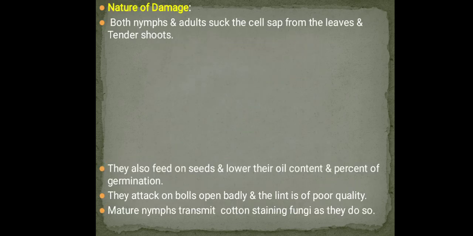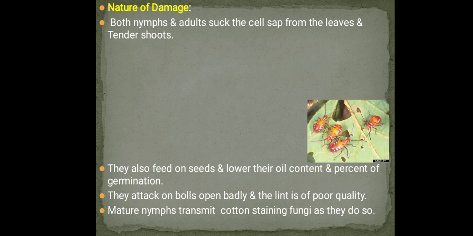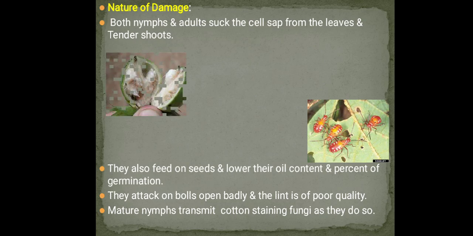Then the nature of damage. Both nymphs and adults suck the cell sap from the leaves and tender shoots. They also feed on seeds and lower their oil content and percent of germination. They attack the bolls and open them badly, and the lint is of poor quality. Lint means the bolls of the cotton.